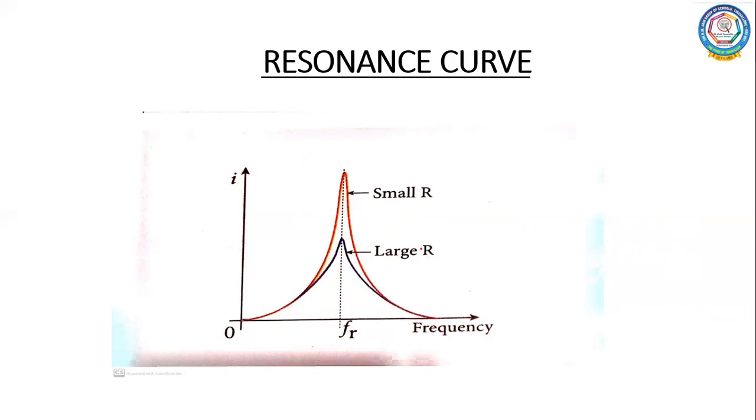For larger value of resistance, the curve is not that much sharp. Look at the difference. So this is limited by the resistance of the circuit. For smaller resistance, you have larger value of current with sharper curve. For larger resistance, the curve is not that much sharper as it is for smaller resistors. So this is about series resonance.